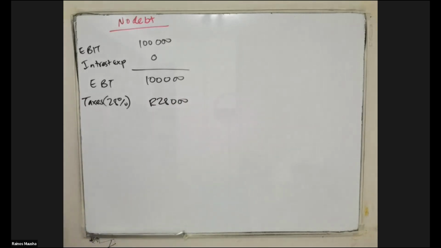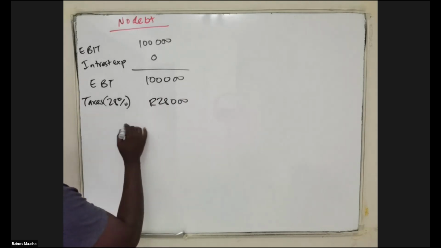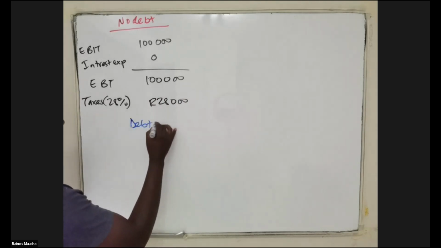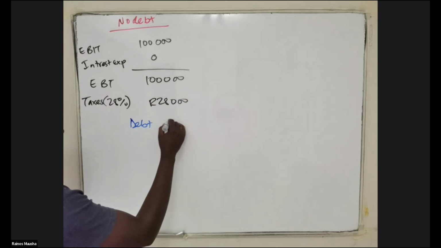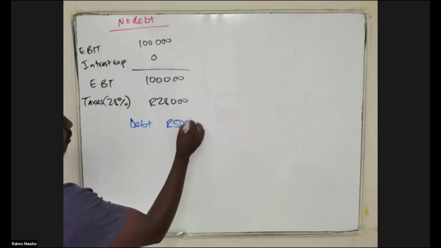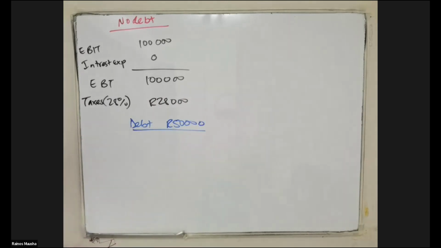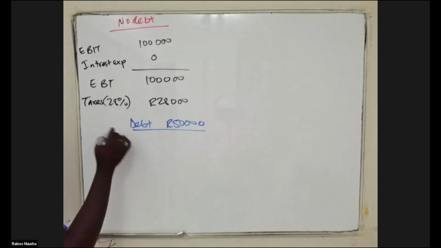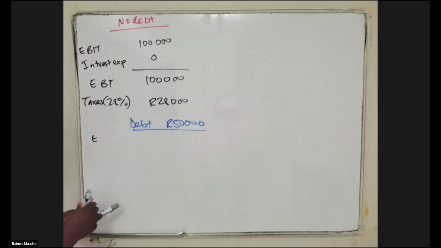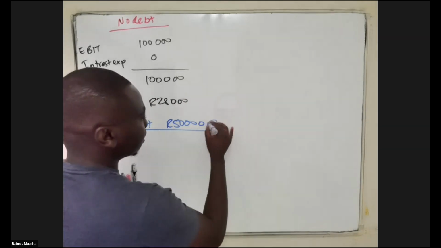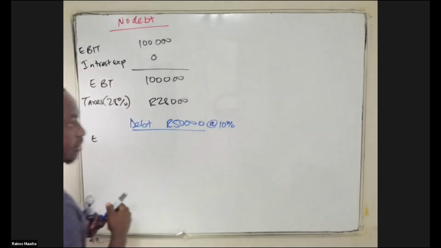Now, let's look at another example where the company has debt financing worth, let's say, 50,000. So as part of the financing, they're using debt worth 50,000, charged at 10% interest.